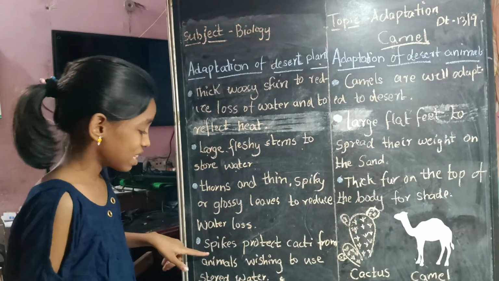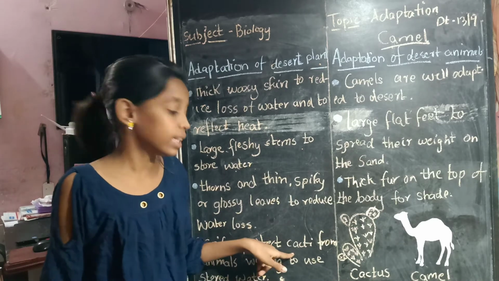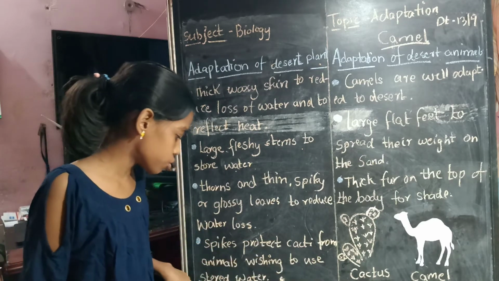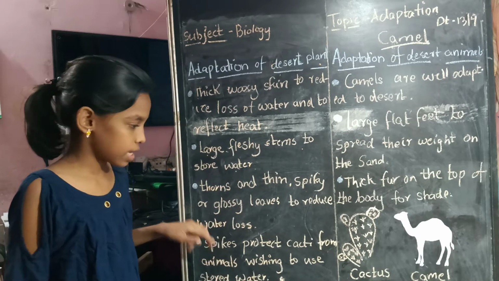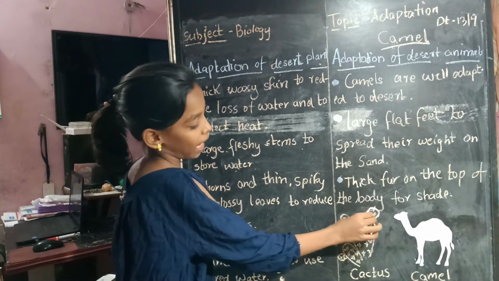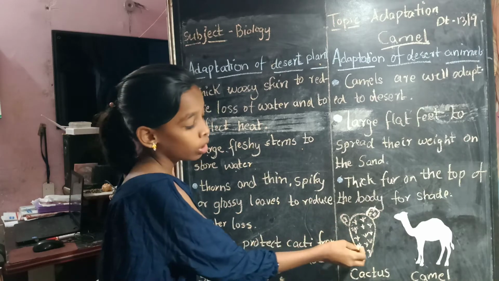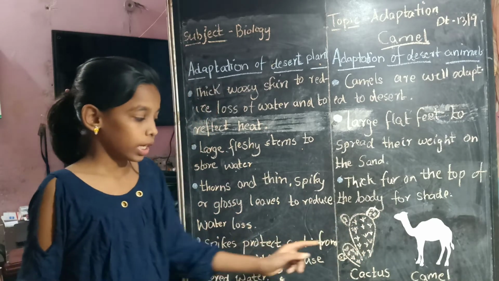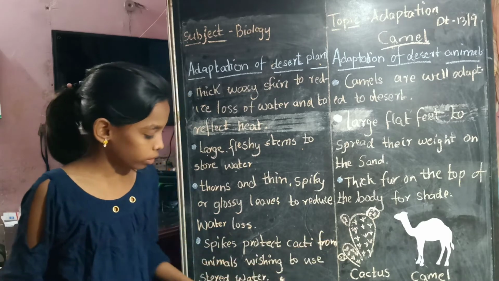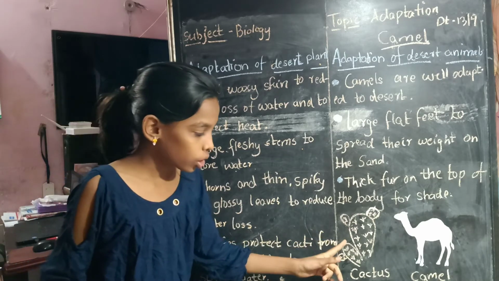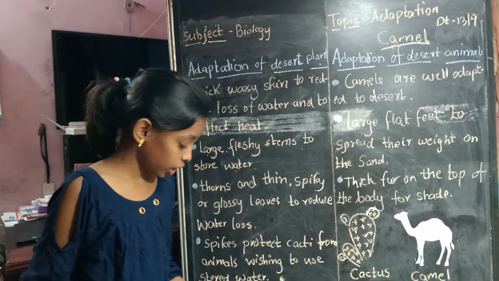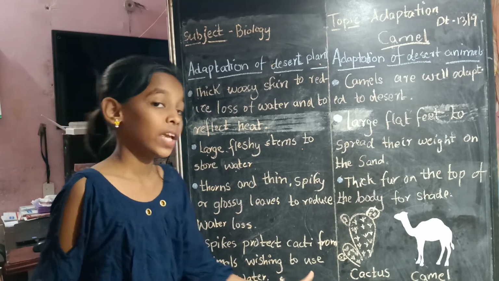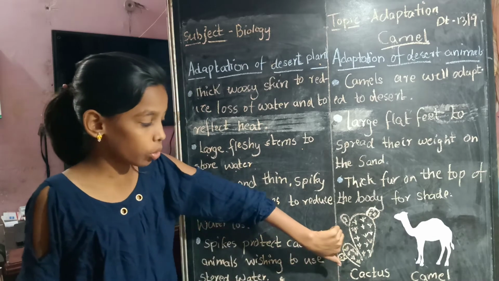And next one, the spikes protect cacti from animals wishing to use stored water. As you know, the cactus stores water inside, and even though in the desert there is no water, some animals will come wishing to use that stored water.